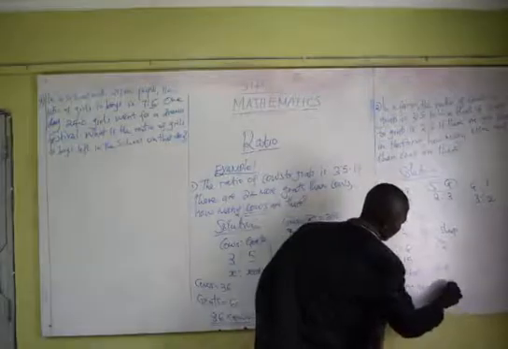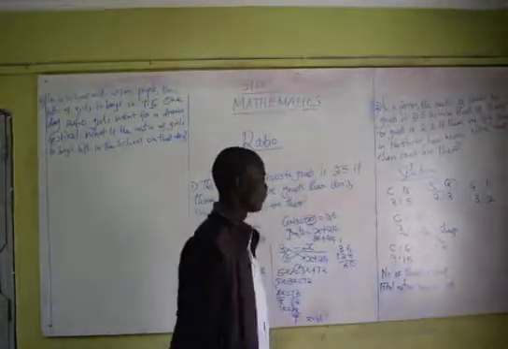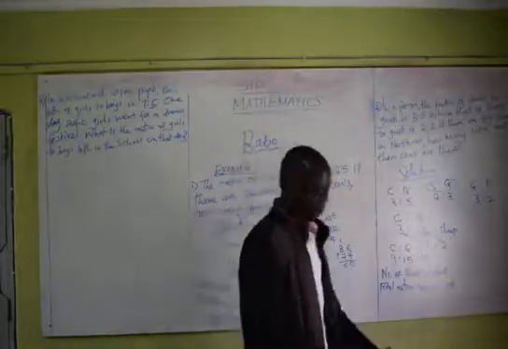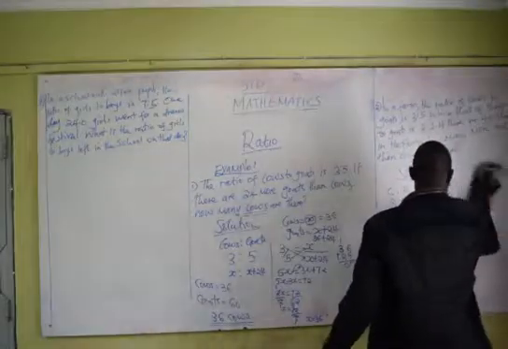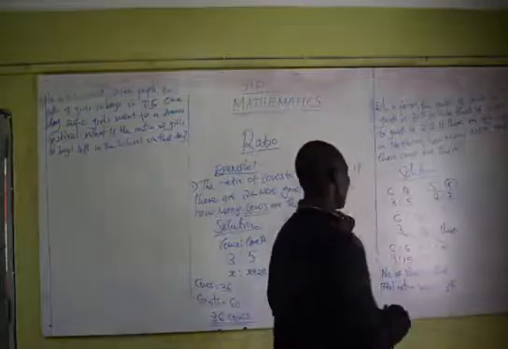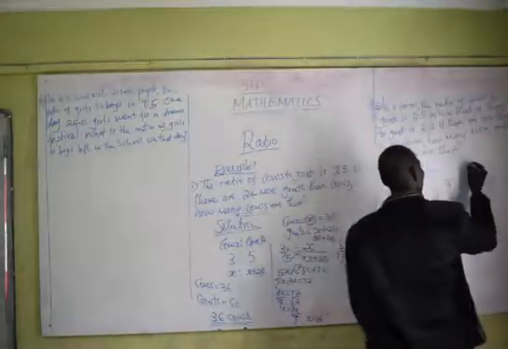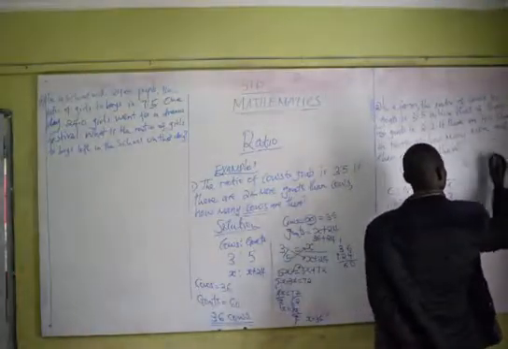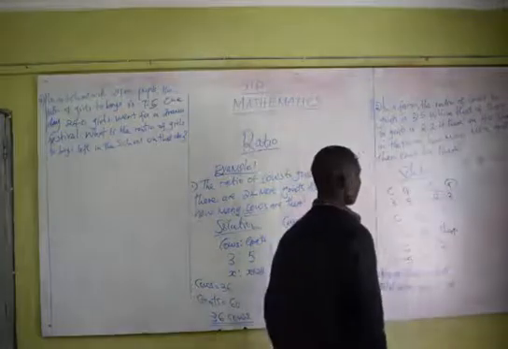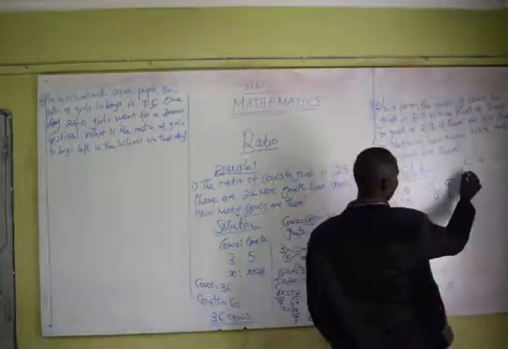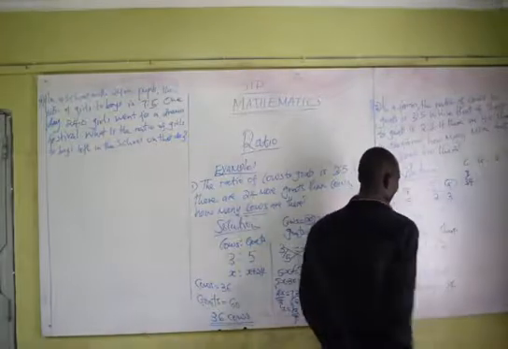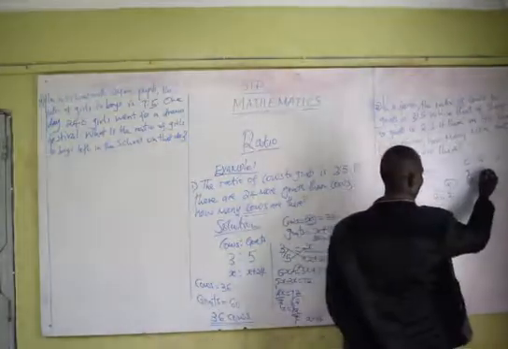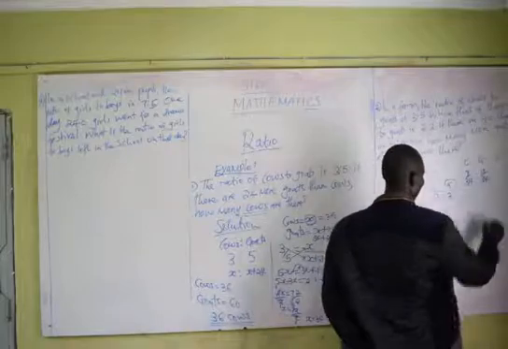So this is 34. Now we can say we have the cows, we have the goats, we have the sheep. So the number of cows is 9 out of the total ratio, 34. Goats, that is 15 out of the total ratio, 34.